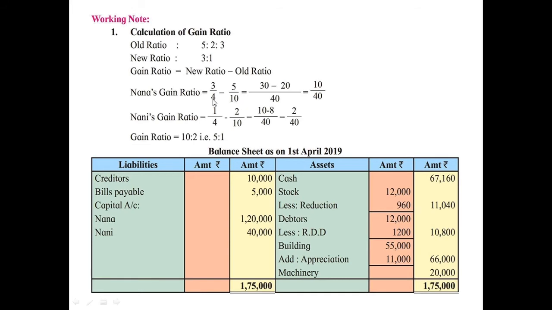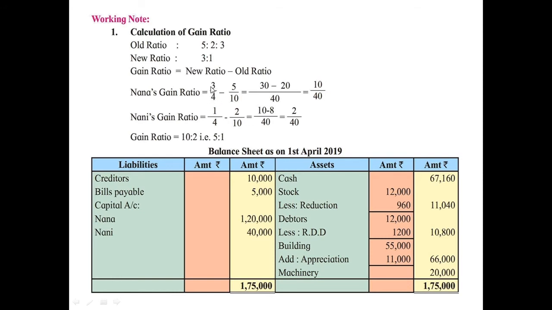Now you can see that the denominator of both the numbers is not the same. So we have to calculate the denominator, that is 40. 4 into 10 is 40. But here to this 4 we have to multiply by 10 to get 40. So both these numbers will be multiplied by 10.